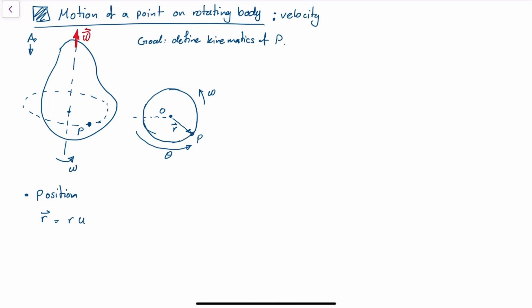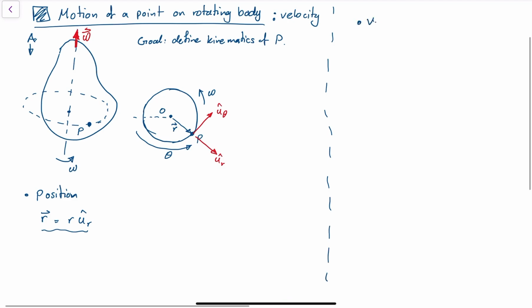I'm going to write this in a polar frame. So this is my u_r. This is my u_theta. And position, I can define it using polar frame notation. The distance from the center is all you need, and the angle. So that is easy.